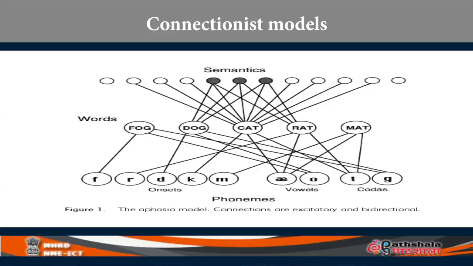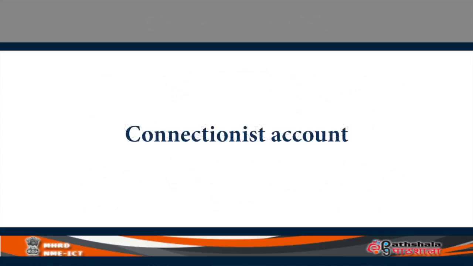So, the weight of excitatory connections will help you to identify the correct word, and you will produce a given word correctly if those connections work in a particular way. Let me say a little bit more about the connectionist account of language processing, so that we understand what happens in aphasia.